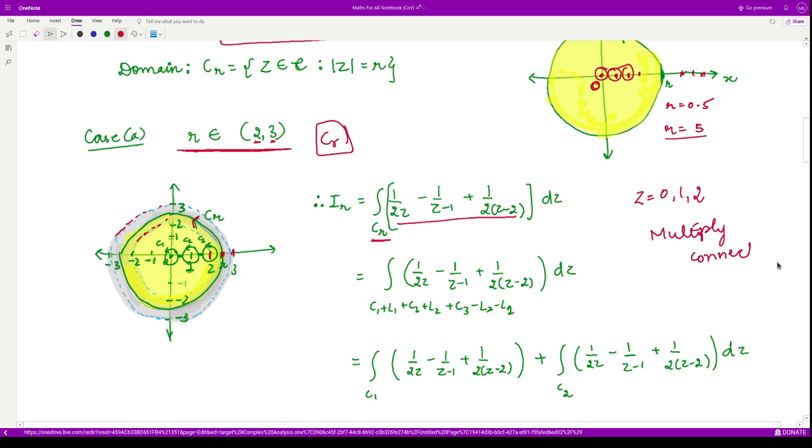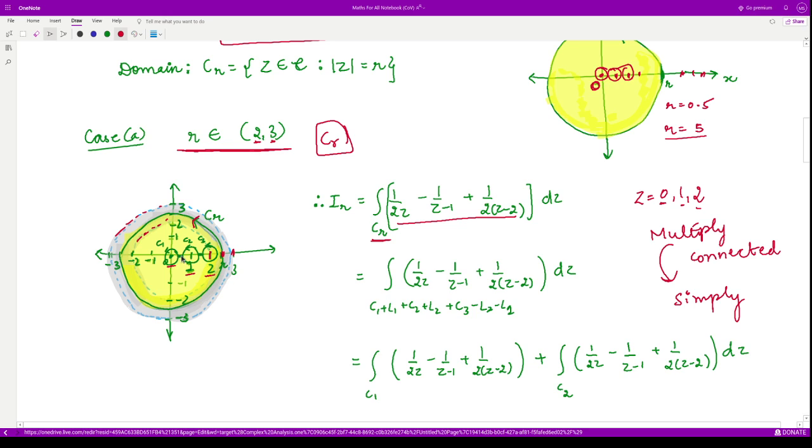So what we do here to convert this multiply connected region to a simply connected region, we create 3 circles circling the points 0, 1 and 2, having smaller radius such that they do not overlap each other, like in this manner, right?